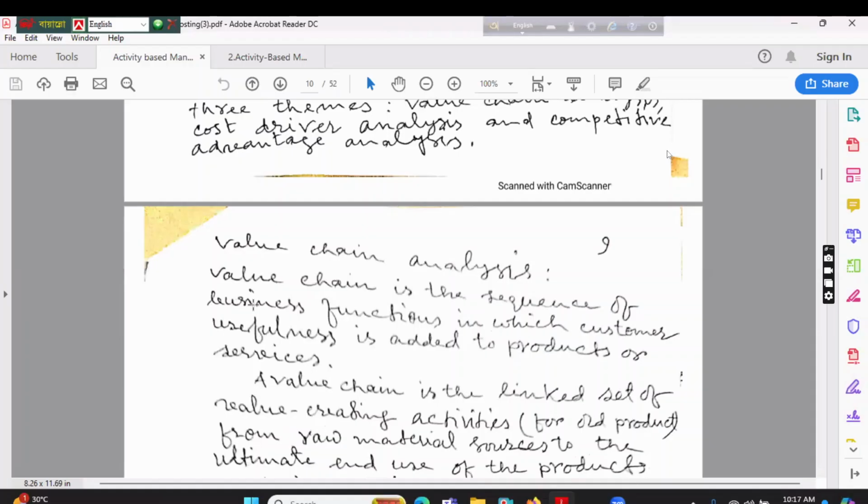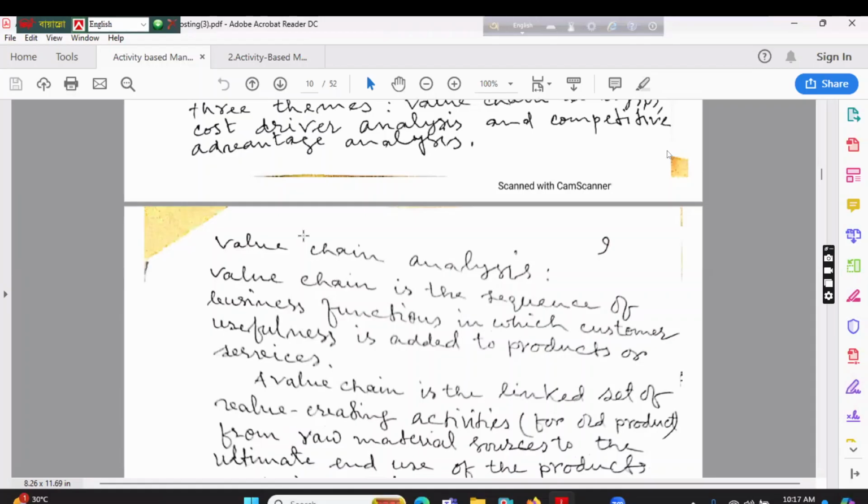We know the business functions or activities are research and development. Research and development is the sequence of business function. So value chain starts from research and development.